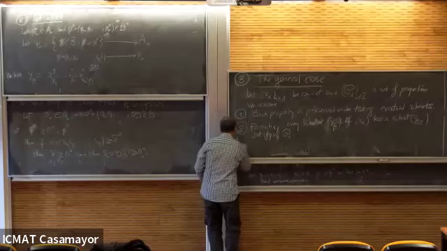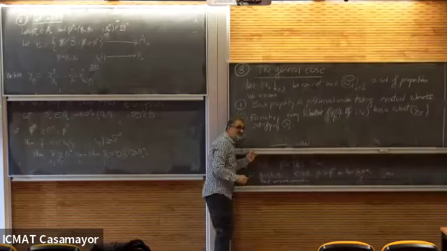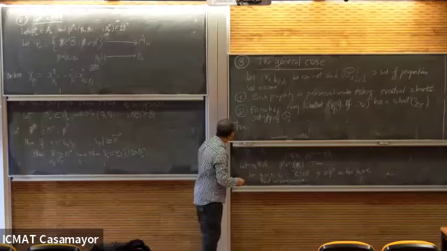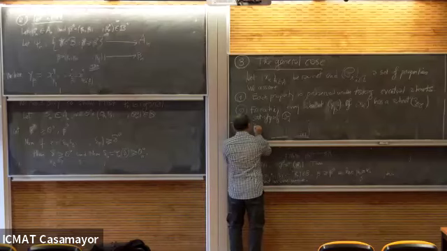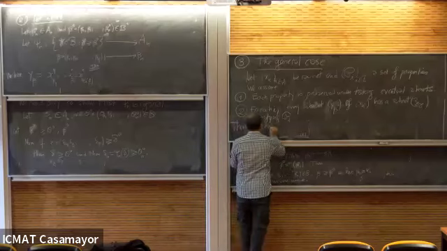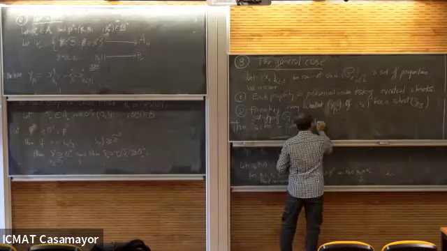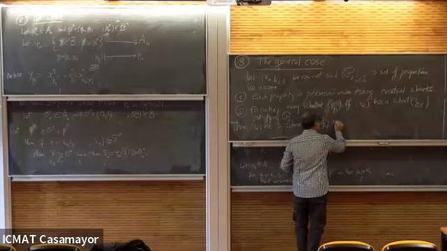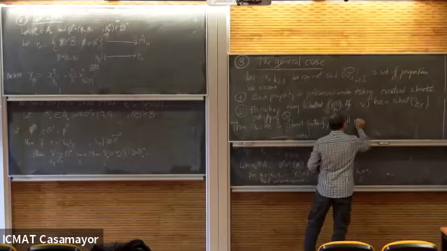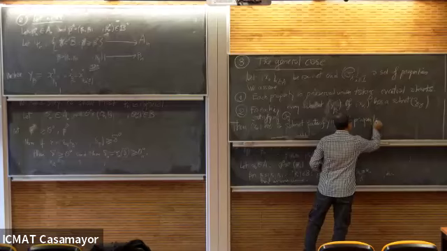Then the same conclusion: there exists a subnet of the original net. The net X alpha has a subnet satisfying all properties.